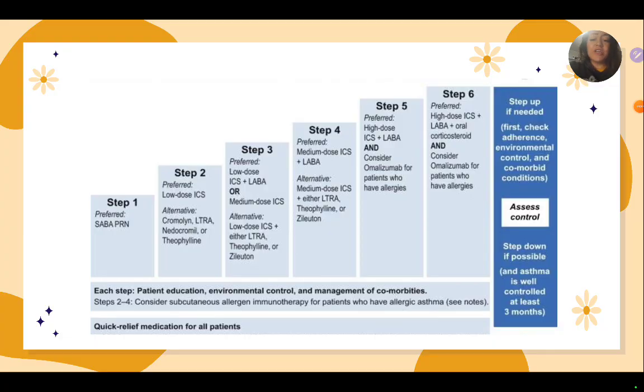So originally, when I learned about asthma treatments, I was shown this stepwise approach. This is the National Asthma Education and Prevention Program stepwise approach. But recent guidelines now state that an as-needed SABA therapy alone is not recommended, even in mild cases of asthma, because of severe exacerbations and mortality risks.